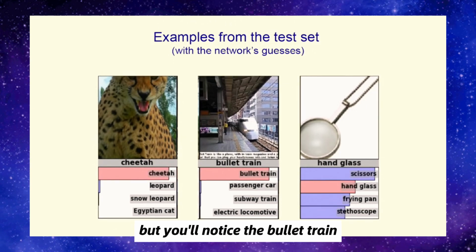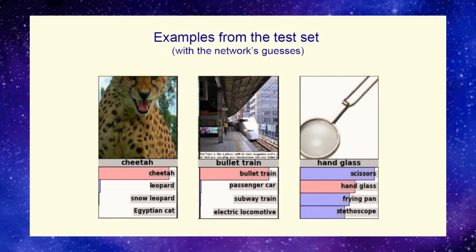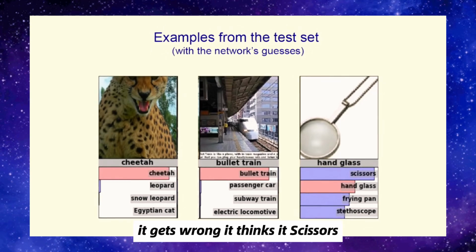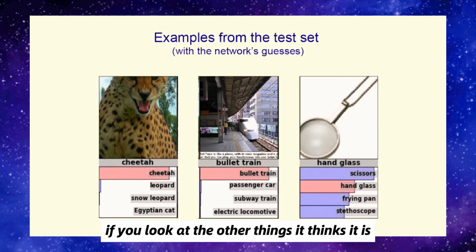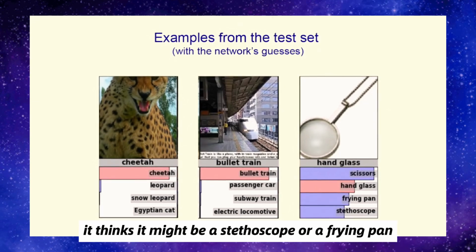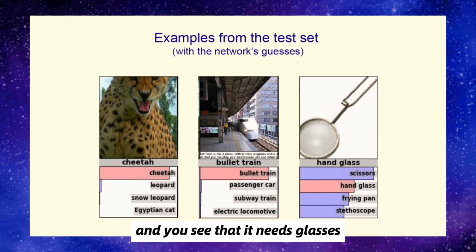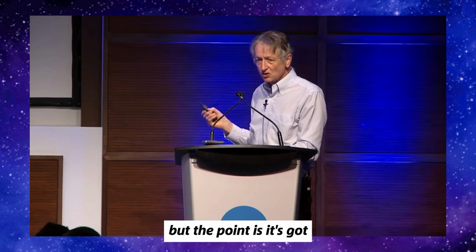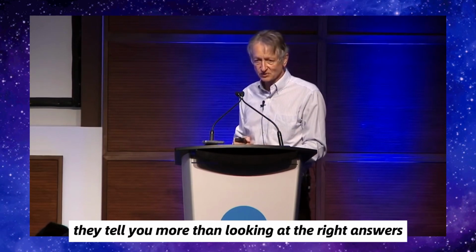But you'll notice the bullet train, it gets right, even though it's only a small fraction of the image. The hand glass, it gets wrong. It thinks it's scissors. If you look at the other things it thinks it might be, a stethoscope or a frying pan. You can see why it thinks that, and you can see that it needs glasses. But the point is, it's got the visual appearance of something. If you look at its wrong answers, they tell you more than looking at the right answers.